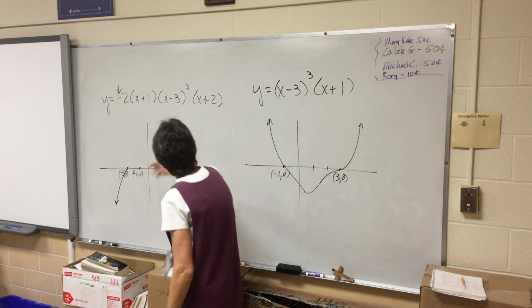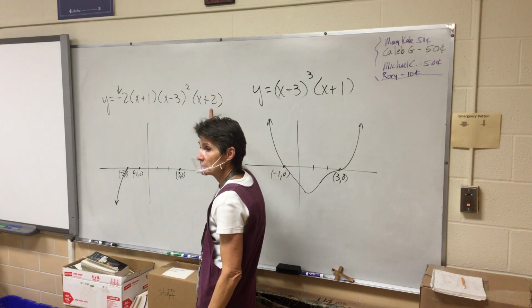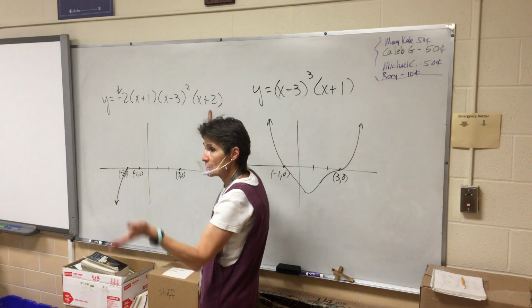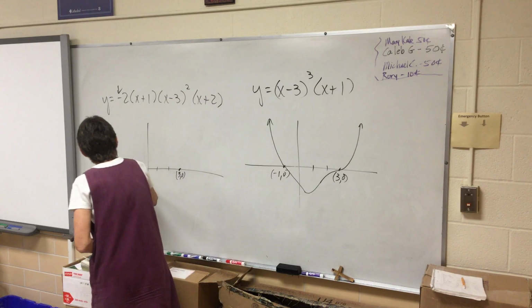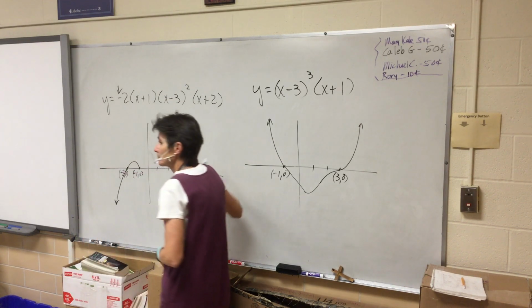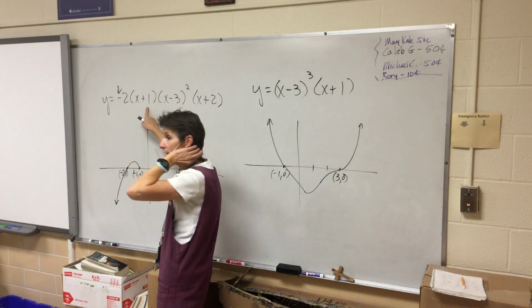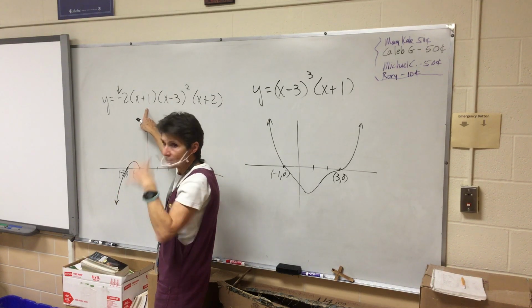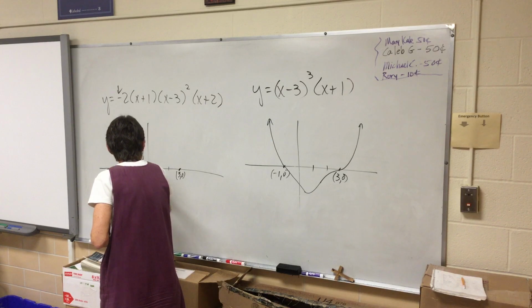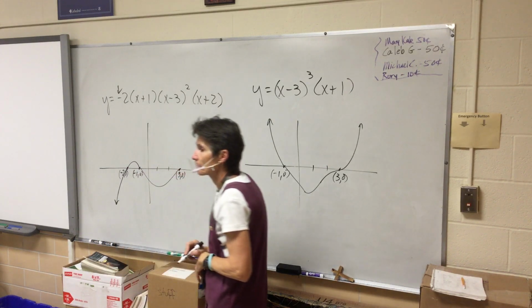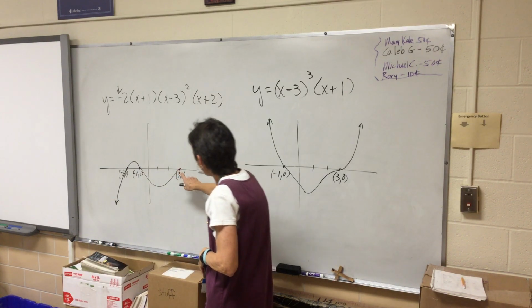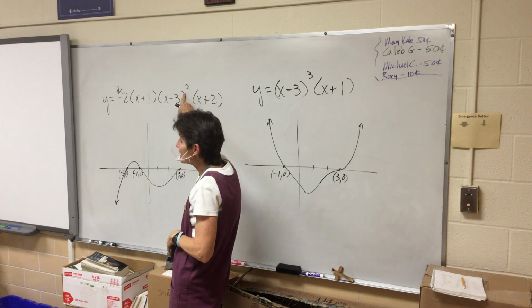Now, that came from here. So I'm just going to zip right through. That one came from here. So I'm just going to zip right through. That one came from here.